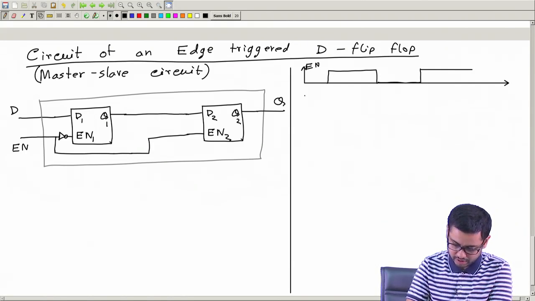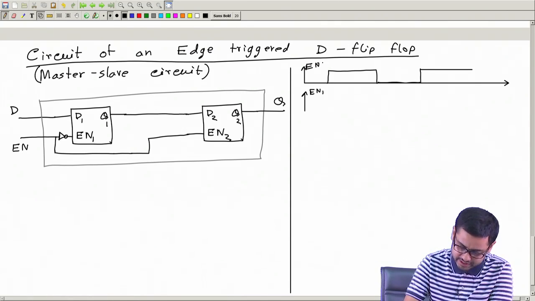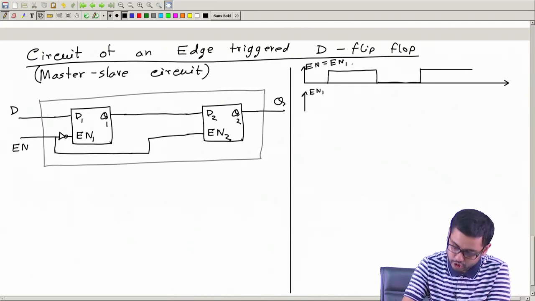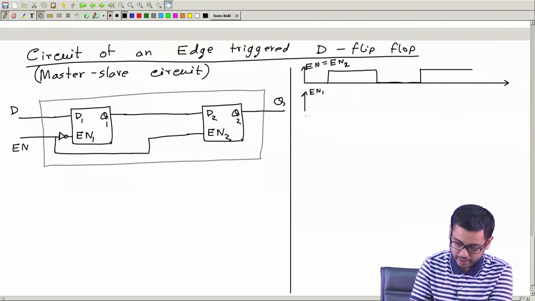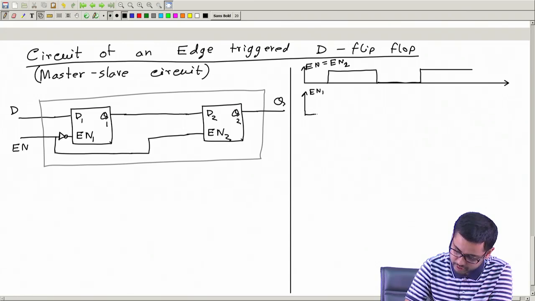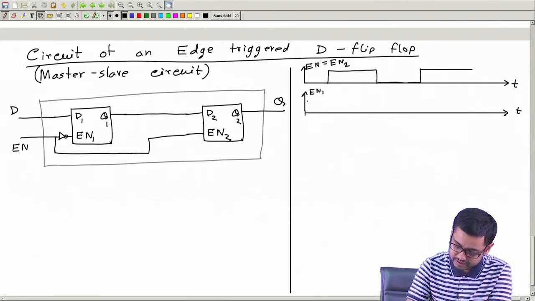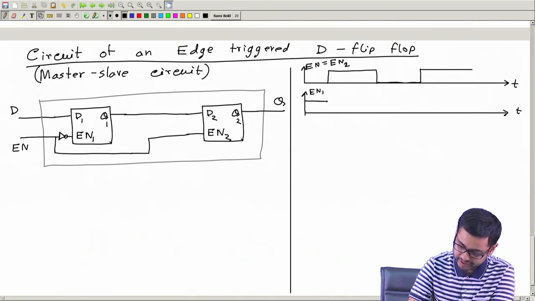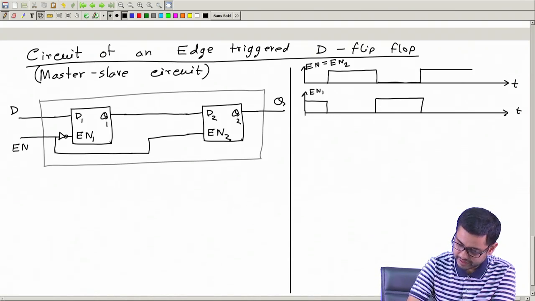Then I can draw enable 1 and enable 2. So, I just write En is equal to En2, because enable goes directly to enable 2. So, I do not have to draw it separately. Now, let me draw enable 1. Enable 1 is nothing but the negative of enable 2 or enable. So, 1 here, 0 here, and like this.